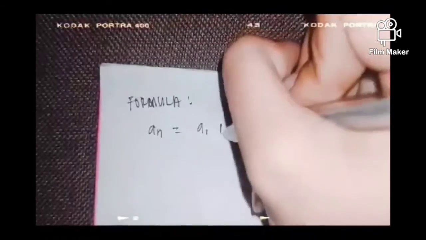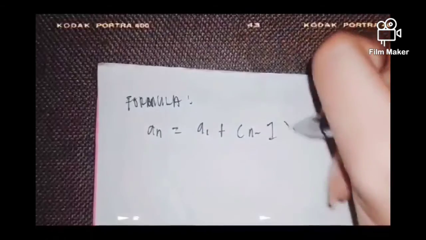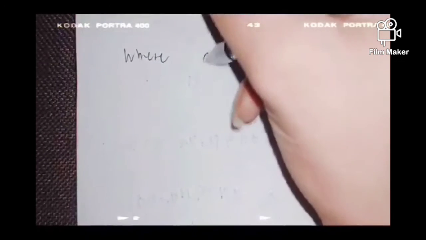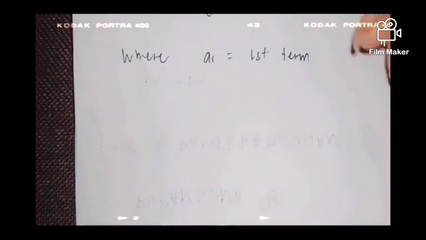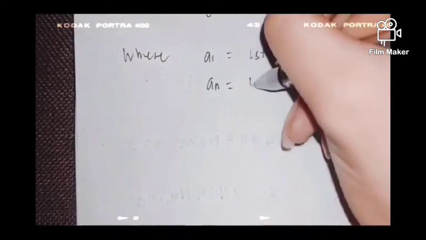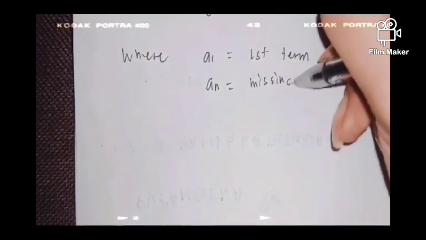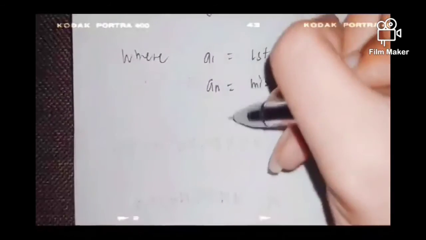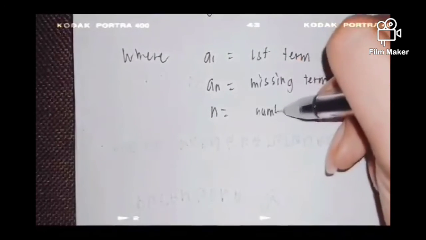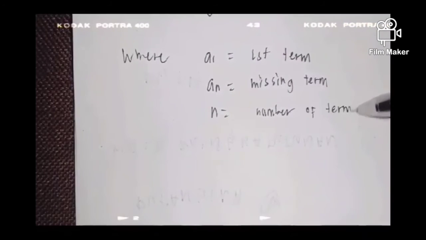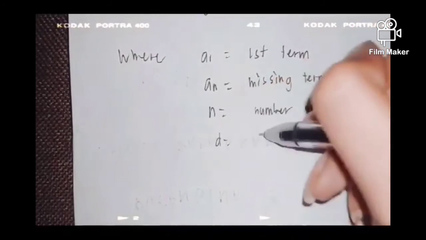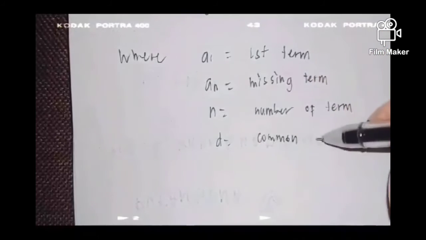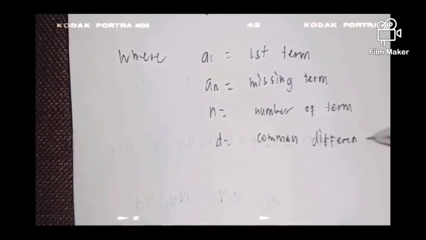So our formula for finding the missing term is an equals a1 plus n minus 1 multiplied by d, where a1 stands for the first term, an stands for the missing term, n stands for the number of terms, and lastly the d stands for the common difference.